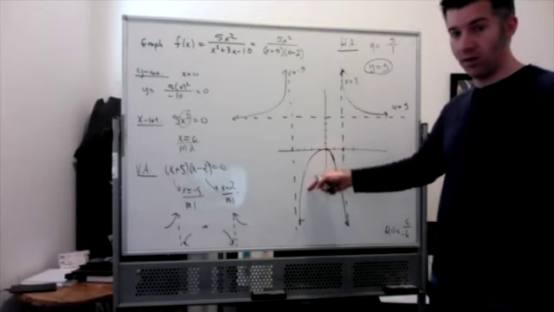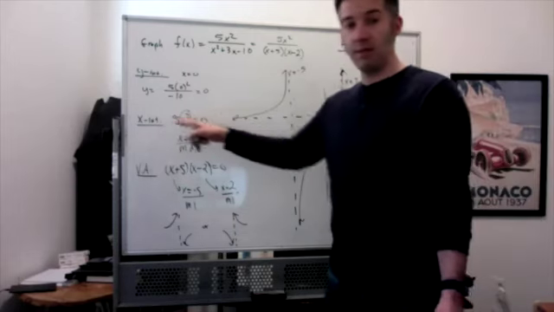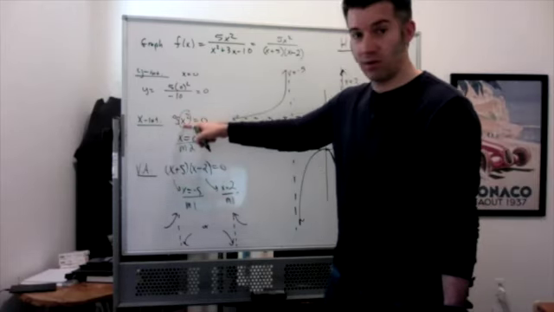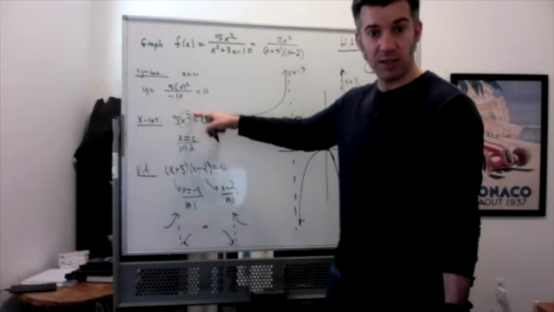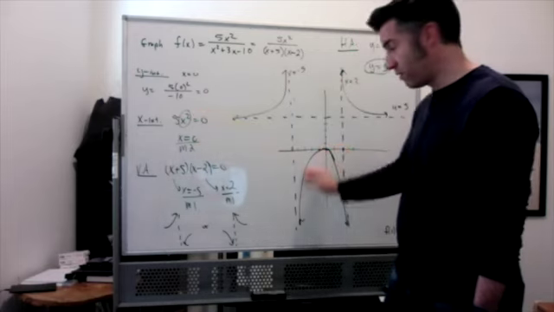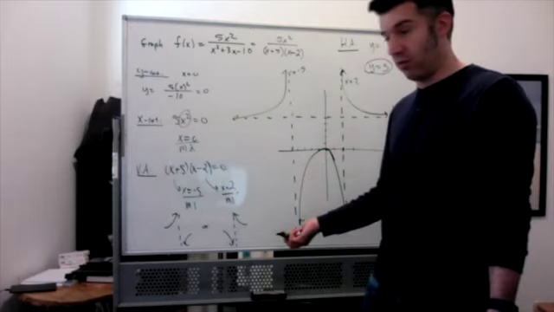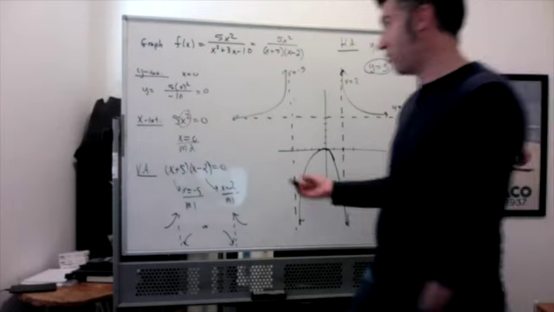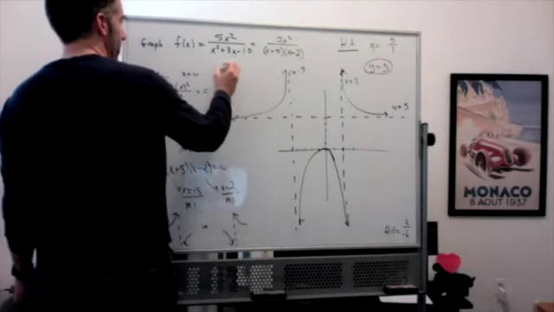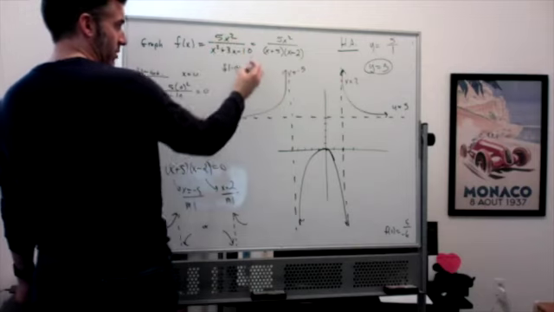On the other side here, what I did was I said, well, the x-intercept came from this factor with an even multiplicity. And when the multiplicity is even, it bounces off. That's how I know it's going that way. But we also could have checked another point. We could have plugged in, say, -1, and f of -1 would be 5 times -1 squared, which is 5.